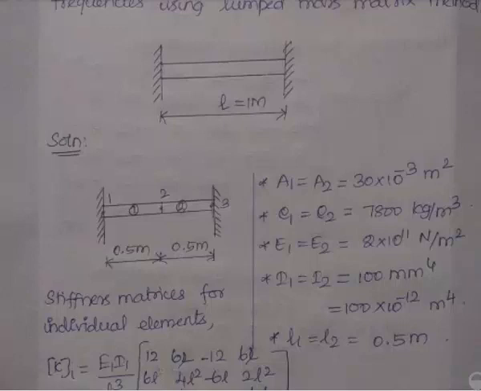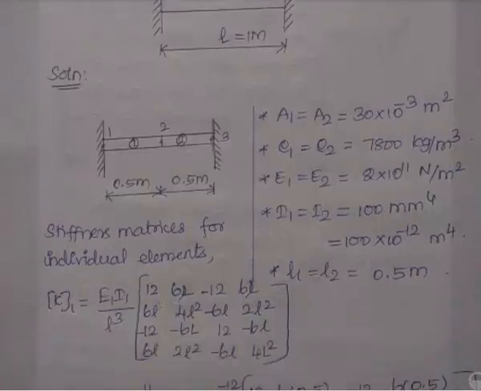Density values rho 1 and rho 2 are 7800 kilogram per meter cube. Young's modulus E1 and E2 are 2 × 10^11 Newton per meter square. Moment of inertia I1 and I2 are 100 × 10^-12 meter power 4. The length of both elements is also the same, 0.5 meter.